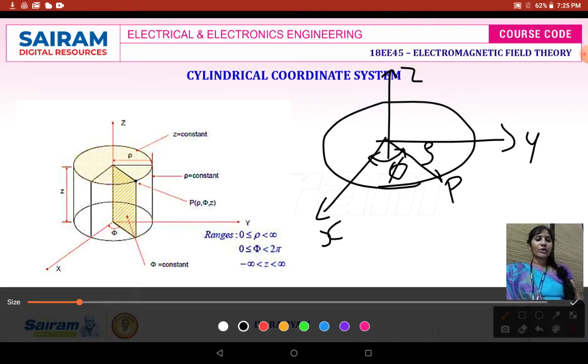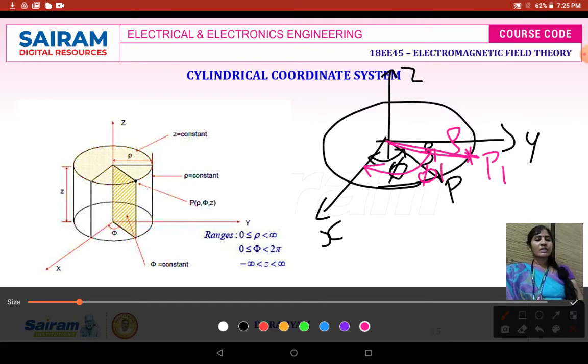Suppose I consider the point under consideration at this particular point, this is going to be my point P1. Now the rho from the origin to the point P1 is going to be rho. Phi is the angle made from the x-axis to the point under consideration. So this is going to be your phi 1.